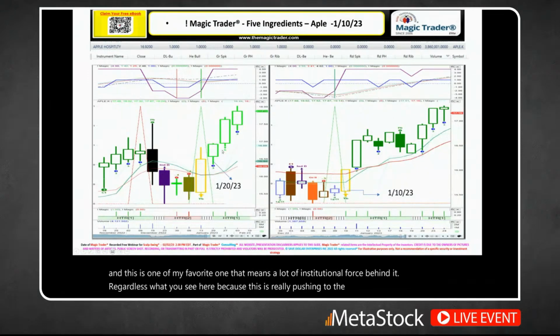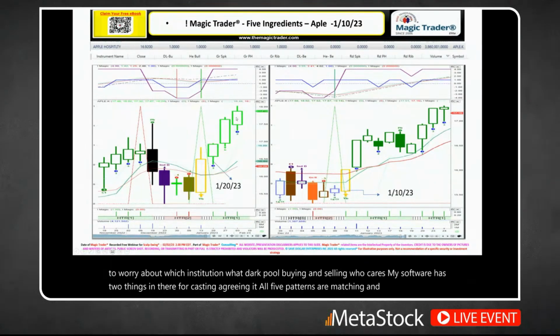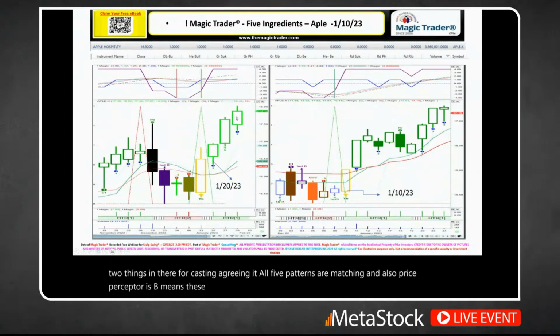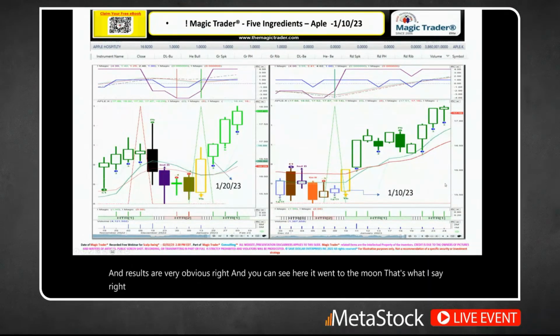And we don't need to worry about which institution, what dark pool buying and selling. Who cares? My software has two things in there: forecasting agreeing, all five patterns matching, and also price per sector is B. It means there is heavy-duty buying coming in on a weekly. That's even better. So that means this is pushing higher, and the results are very obvious, right? And you could see here it went to the moon. That's what I say, right? So basically, it puts more odds in your favor.